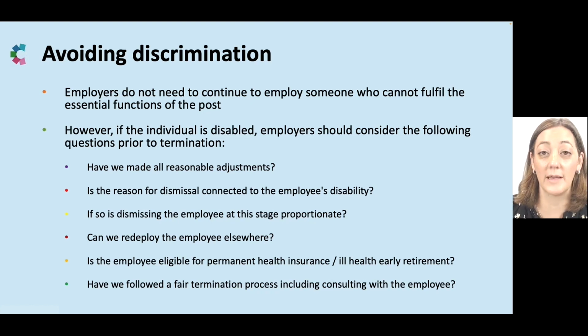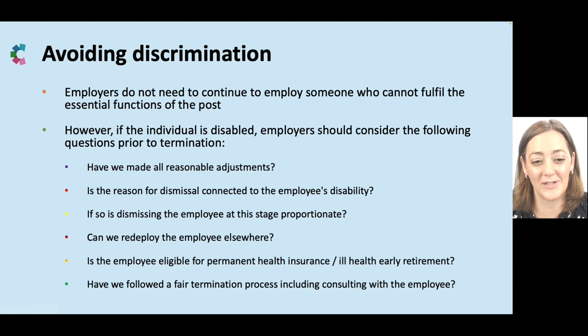Can we redeploy the employee somewhere else in the business? Is there another role that might be better suited, for example? Is the employee eligible for permanent health insurance or ill health early retirement? Those are important considerations.